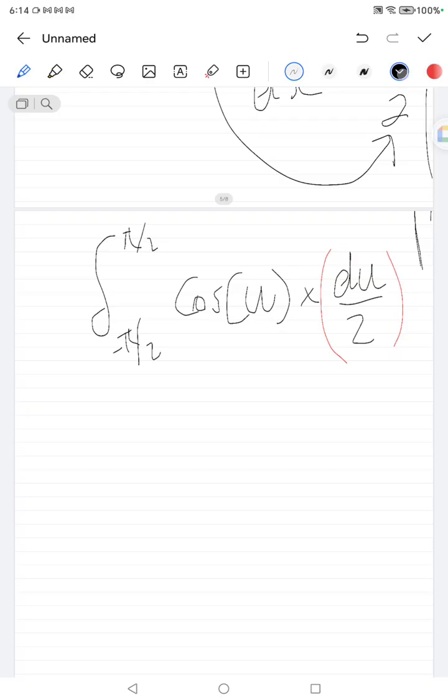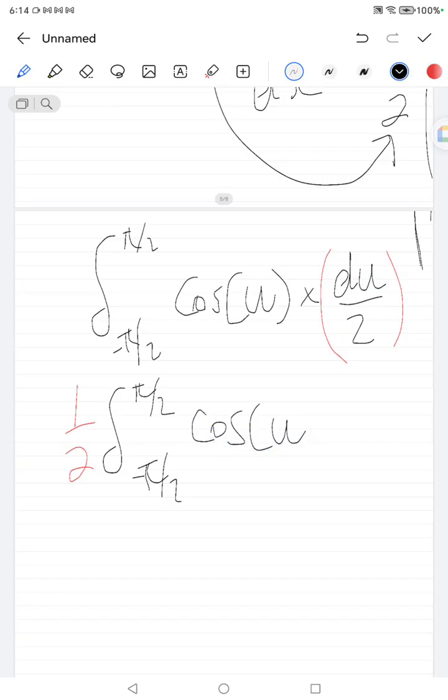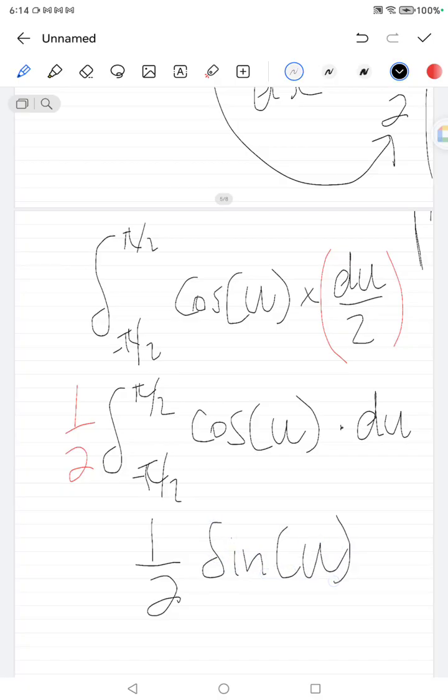So now we can write that 1 over 2 on this side. Then we still have the cos of u, but now we're only left with du. So this one is straight up simple. The integral of cos of u is sine of u, so your answer is going to be 1 over 2 sine of u.